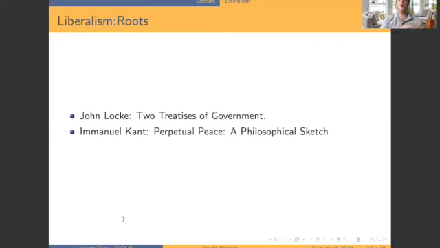Kant believed that republican states, that is, what we would call a liberal democracy, a representative style democracy, in which the decision to declare war rests on the consent of its citizens, would be very cautious in considering all of the costs before getting themselves into a risky war that might not be beneficial.